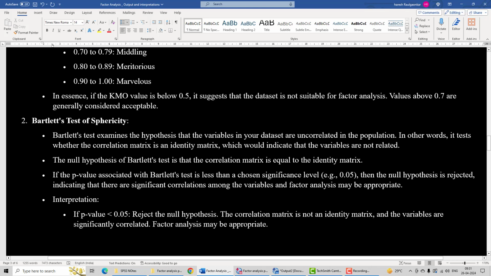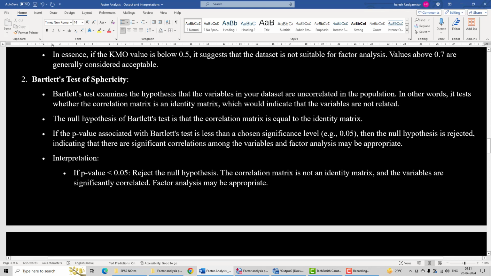The null hypothesis is that there is no correlation among the various variables. Basically if the p value is less than 0.05 then we reject the null hypothesis, and we say that the correlation matrix is not an identity matrix and the variables are significantly correlated, and hence factor analysis is appropriate.